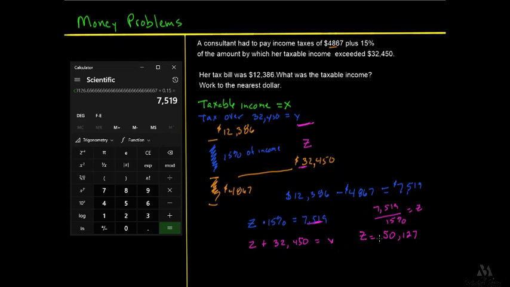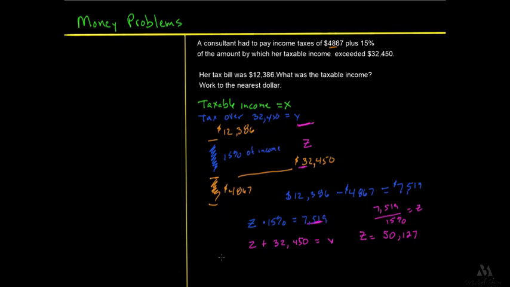Now, we said that Z plus 32,450 should equal X, which is our original question. So let's give that a try. Z we said was 50,127 plus 32,450.